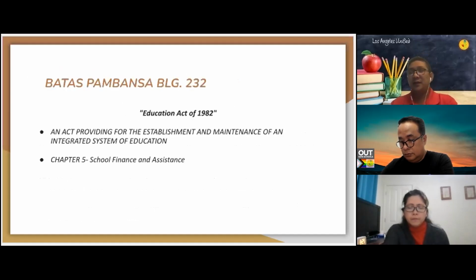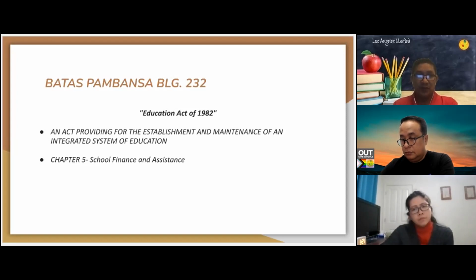So another legal basis for the funds in education in the Philippines is Batas Pambansa Bilang 232, which is the Education Act of 1982. So this act provides for the establishment and maintenance of an integrated system of education, which also includes Chapter 5, which is the school finance and assistance.